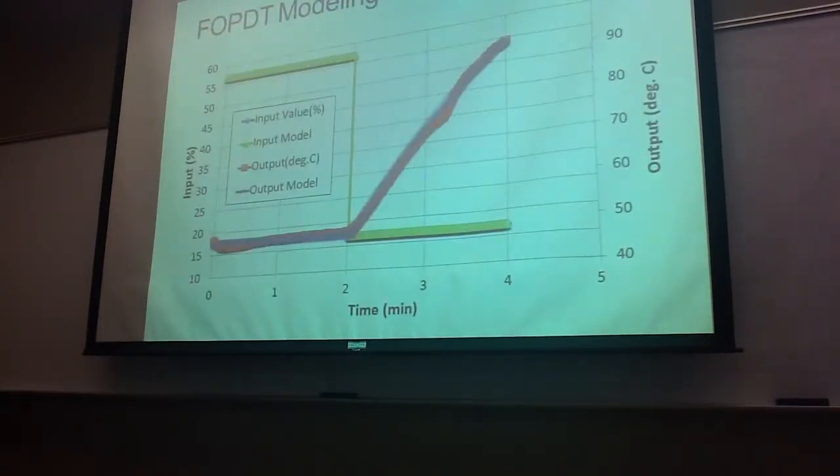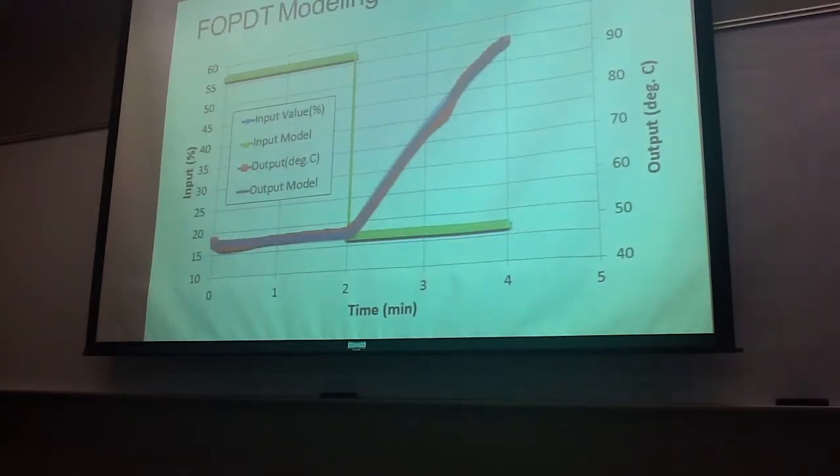And then we moved on to another way to try to find the parameters for the system, which is called FOPDT modeling. What is FOPDT modeling? It's first order plus dead time modeling, and it's a first order model based on a linear system that tries to emulate our system, and we manipulate the model's parameters until they seem to match our system, and then we assume that those parameters are relatively close to our system's parameters.